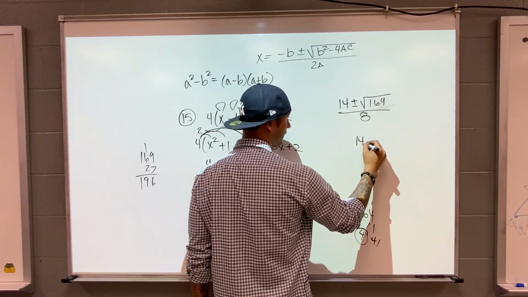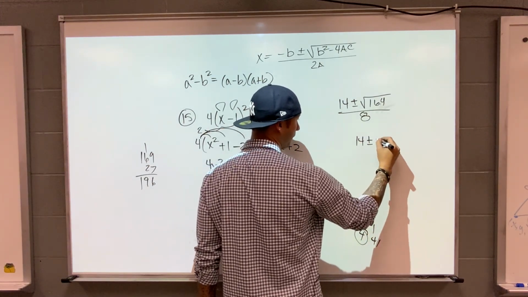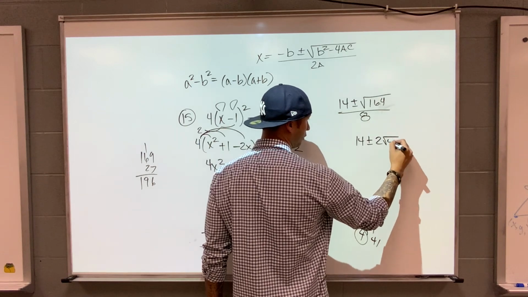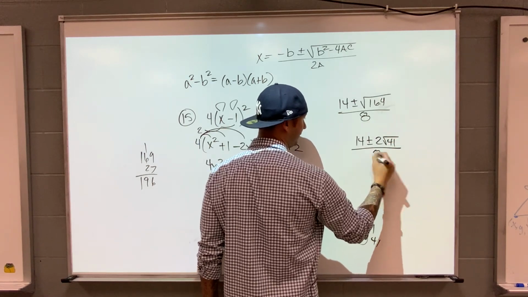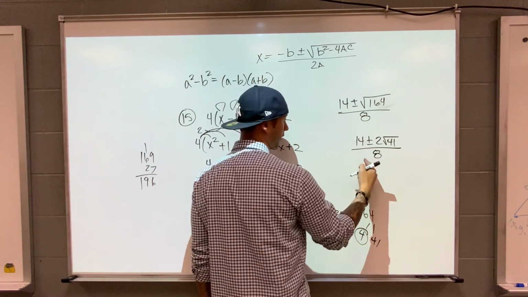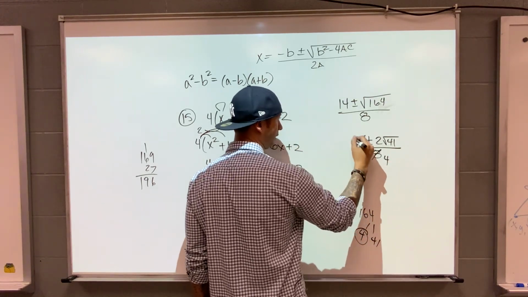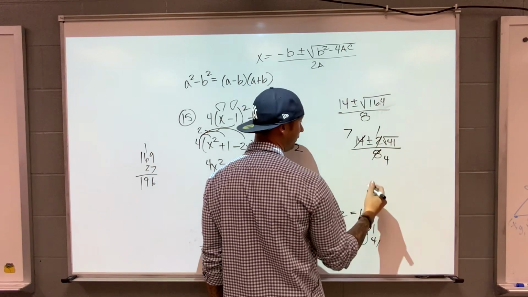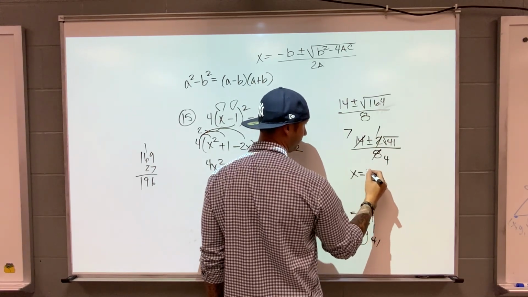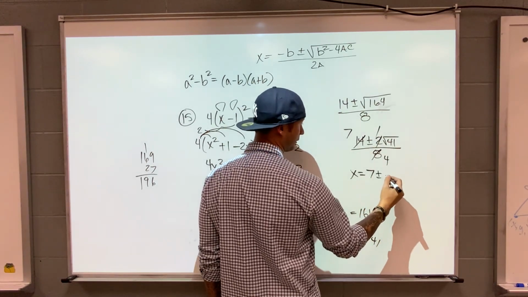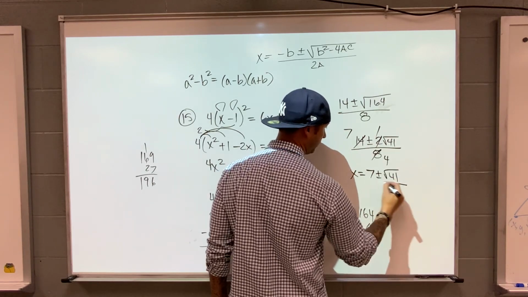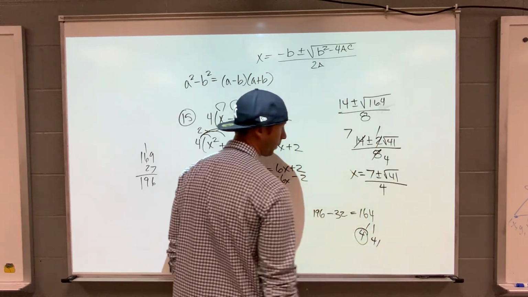So this is 14 plus or minus 2 root 41 over 8. Looking at all our even numbers, 2 goes into 8 4, 14 7, 2 1. So x is equal to 7 plus or minus root 41 all over 4.